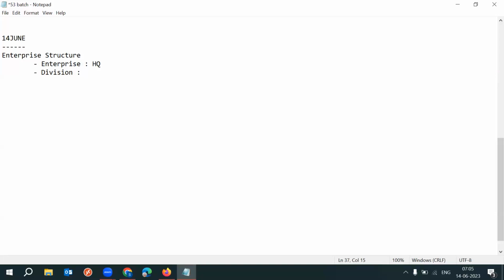These divisions could be based on the line of business, or they could be based on the geography, the region as well. An example of a headquarter is Oracle Corporation, Reliance Corporation, Tata. The company headquarter is always one.